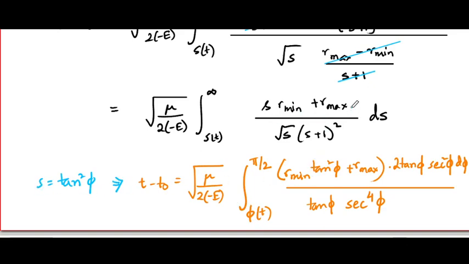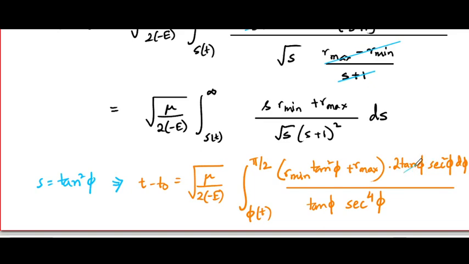And what about this thing here? This is s into r min plus r max. So s is tan square phi, so it's r min tan square phi plus r max. Root s is tan phi, as we said, s plus 1 whole square is sec to the power 4 phi. And in the numerator you have ds, which is twice tan phi times sec square phi.